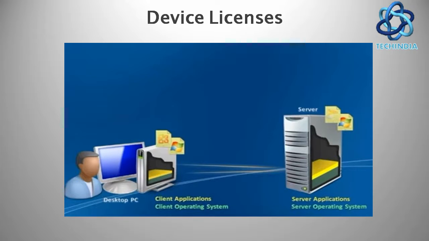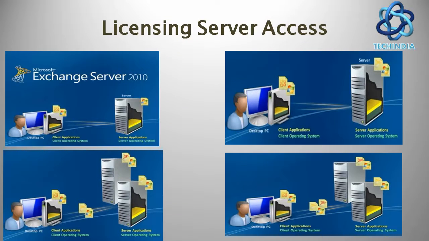So if I want to access Exchange server from a client to a server, for accessing purposes, I should purchase a license. That is what we can call CAL, client access license. So here, licensing server access, just a picture to understand the scenario. For example, here we have a normal server.